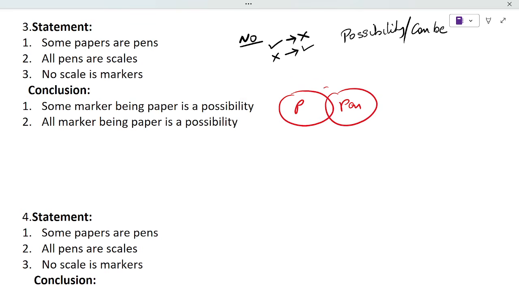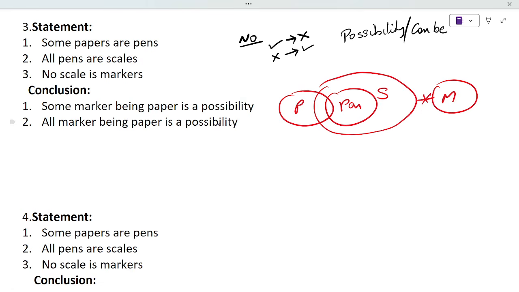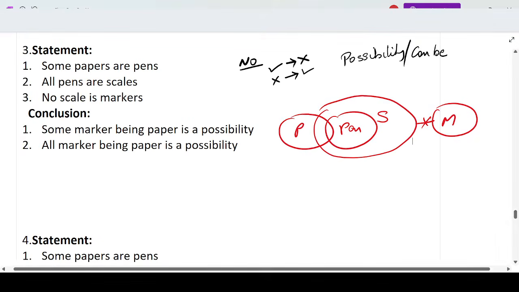All pen are scale, and no scale is marker. Both conclusions are about possibility.